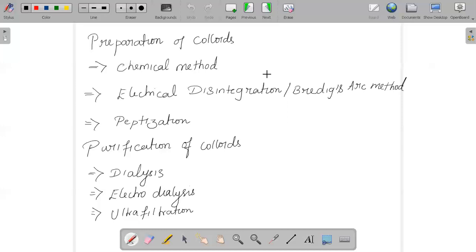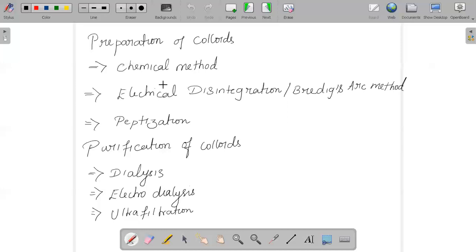Different reactions can take place to form a product, and that product should be a colloid. Hence, the chemical method is helpful in preparing a colloid.